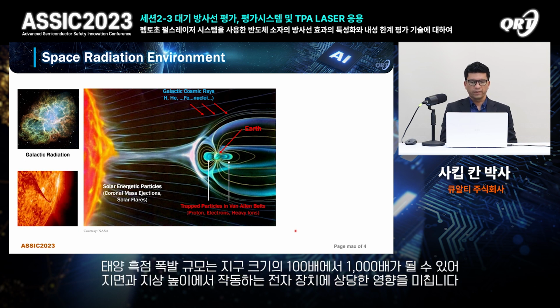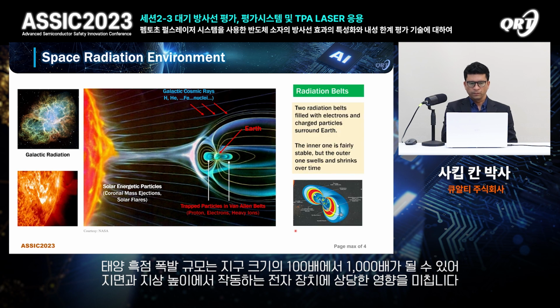The solar flares can be 100 to 1,000 times the size of the Earth, so they have a huge impact on the electronics working on our Earth and at terrestrial heights.